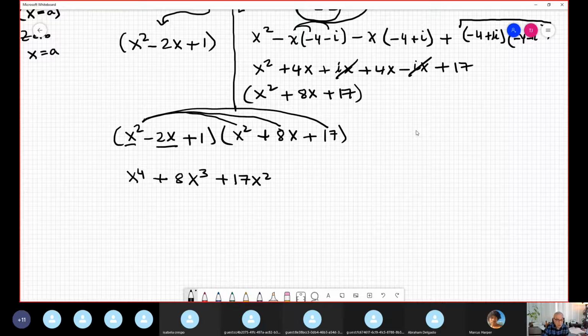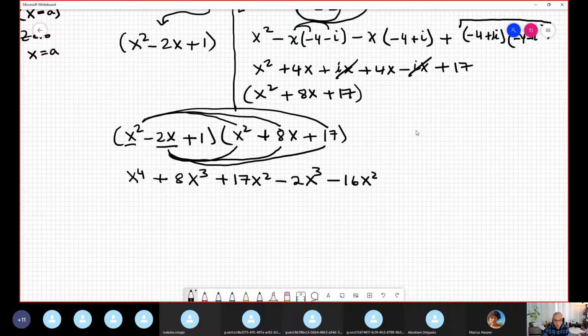Okay. Now, the multiplication of this guy times this guy is minus 2x to the cubic power. This is the thing I forgot. I don't know why. This is negative 16x to the 2nd power, and this is negative 34x. Super. Okay, the last one is super easy. The last one is x squared plus 8x plus 17. So this is a crucial moment in which you apply combine like terms. Which are like? This is like with this. So 8 minus 2 is 6.